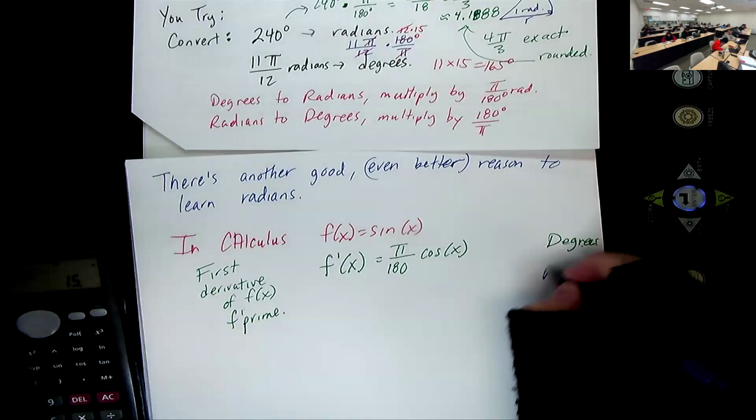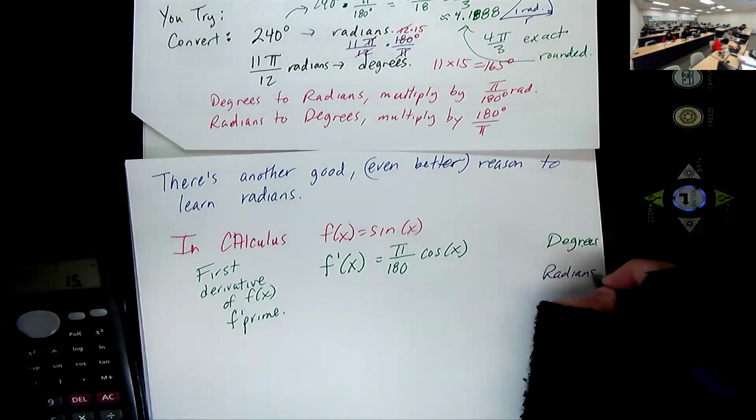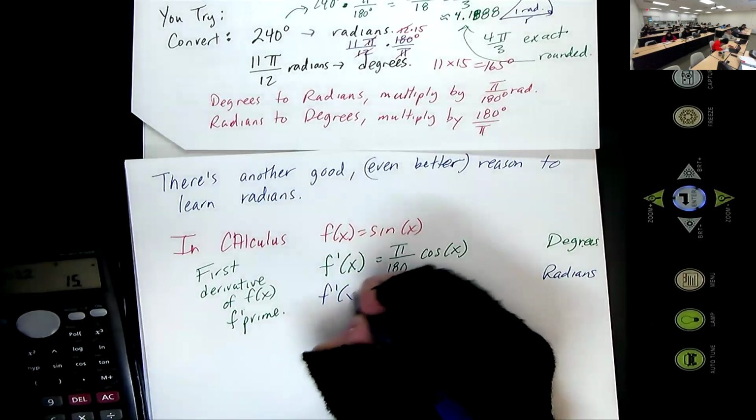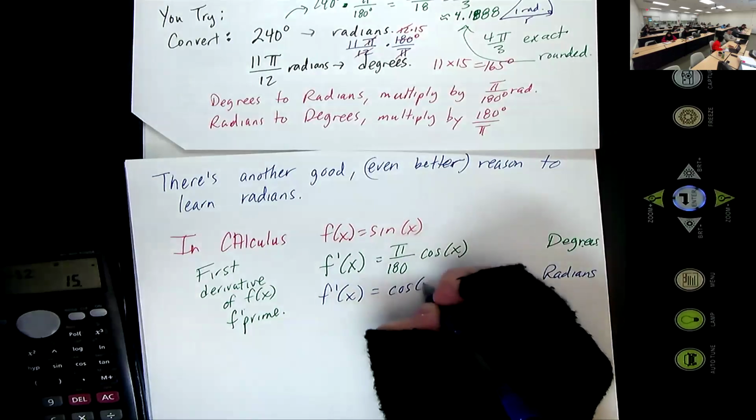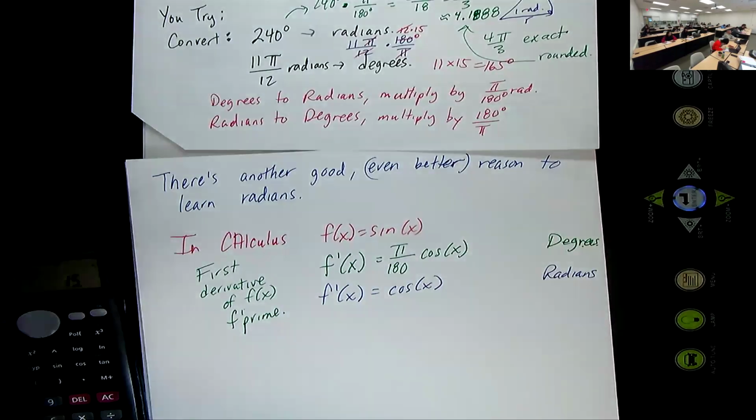In radians, f prime of x is just cosine x. You don't need to remember any fancy conversion, it's just sine goes to cosine. And when you do cosine, cosine goes to sine, with a negative sign, but as long as you're in radians, it works well.